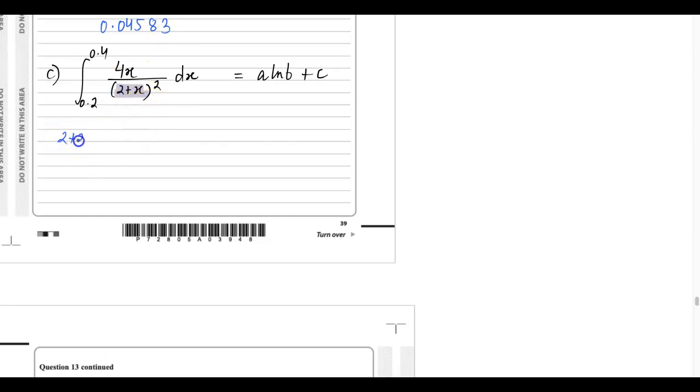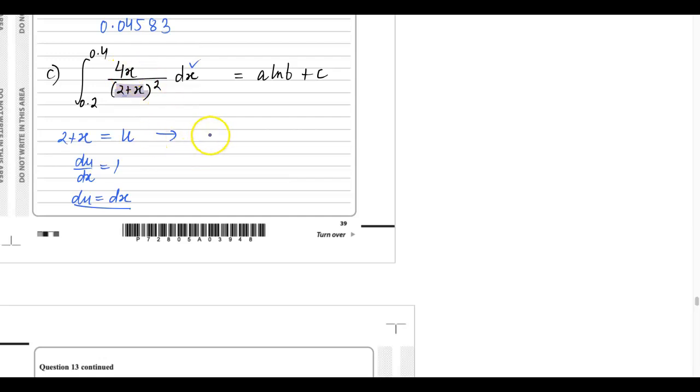So if we substitute 2 plus x to be u, what will du over dx be? du over dx will be 1, or we can say du will be equal to dx. From here, the denominator is going to be u squared.